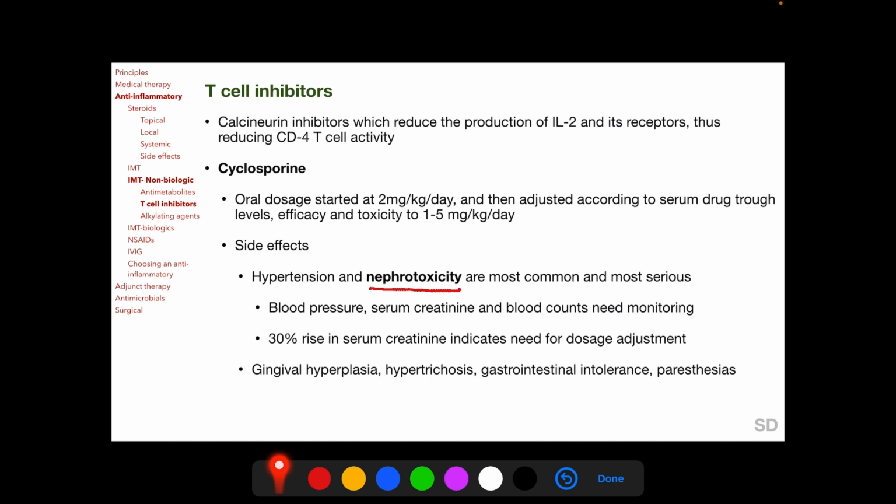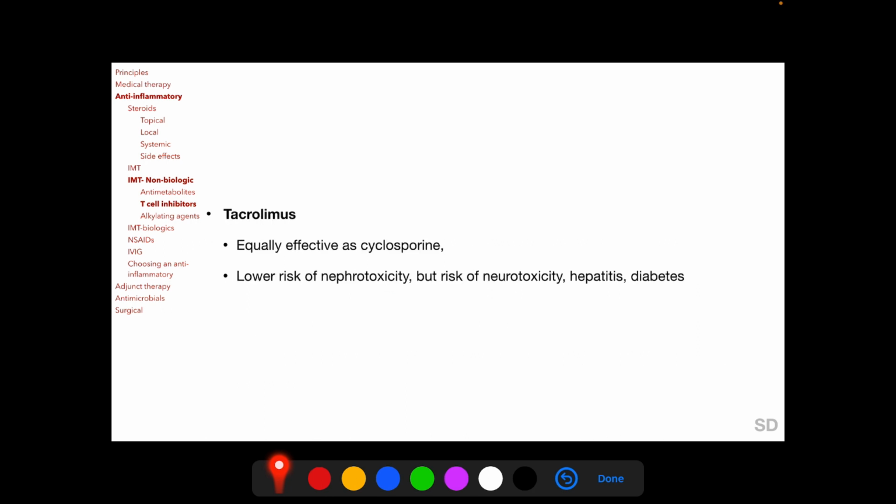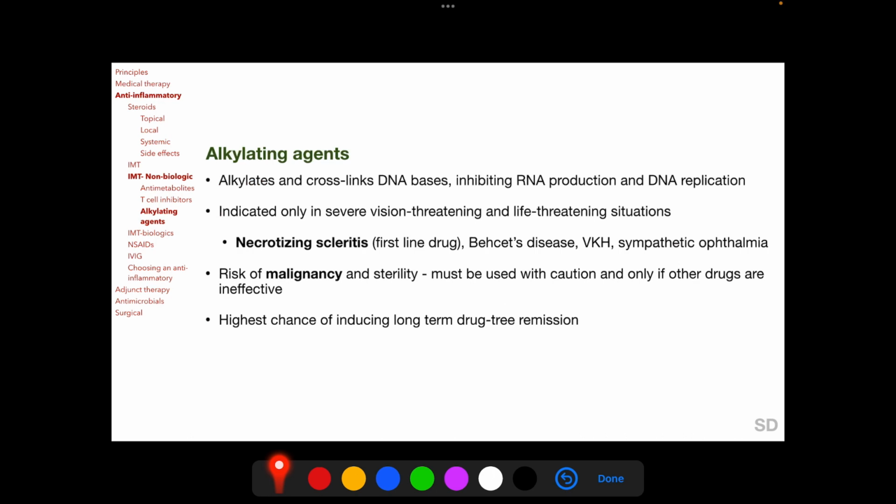Other side effects of cyclosporine include gingival hyperplasia, hypertrichosis, gastrointestinal intolerance and paresthesias. Tacrolimus has been found to be equally effective as cyclosporine, with a lower risk of nephrotoxicity but with its own risks of neurotoxicity, hepatitis and diabetes.